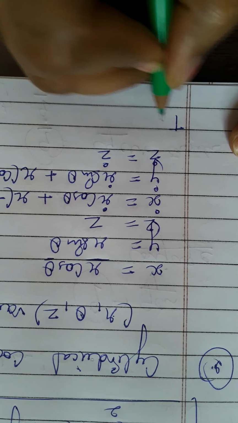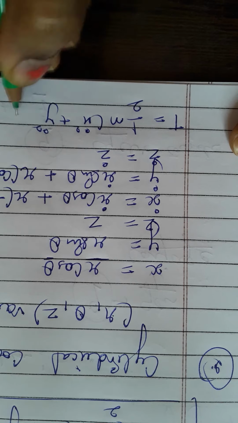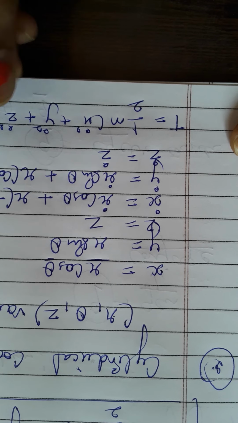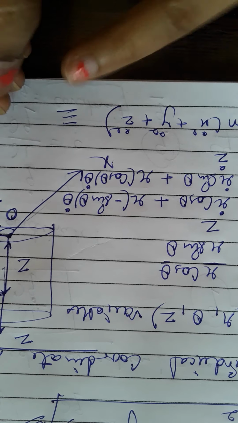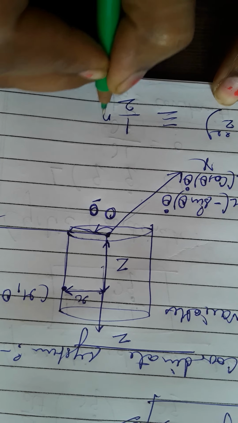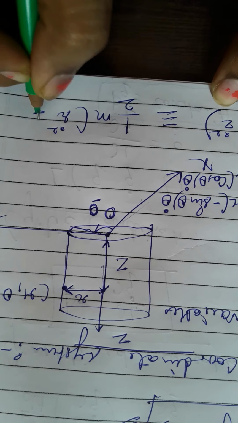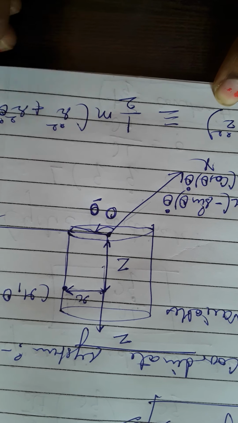For the kinetic energy expression, you already have x dot square, y dot square, z dot square. Squaring all these terms and simplifying, you will get the expression half m times r dot square plus r square theta dot square plus z dot square.